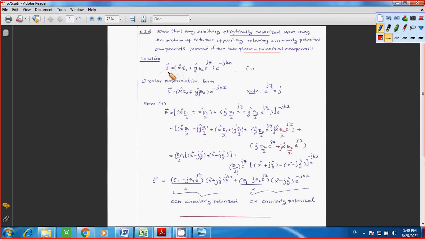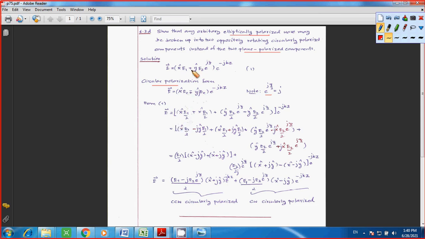Okay, we start from the field equation. And we know that circular polarization forms when your psi equals plus or minus pi over 2, right? So exponential j pi over 2 actually equals j. So you have a minus or plus j E0.